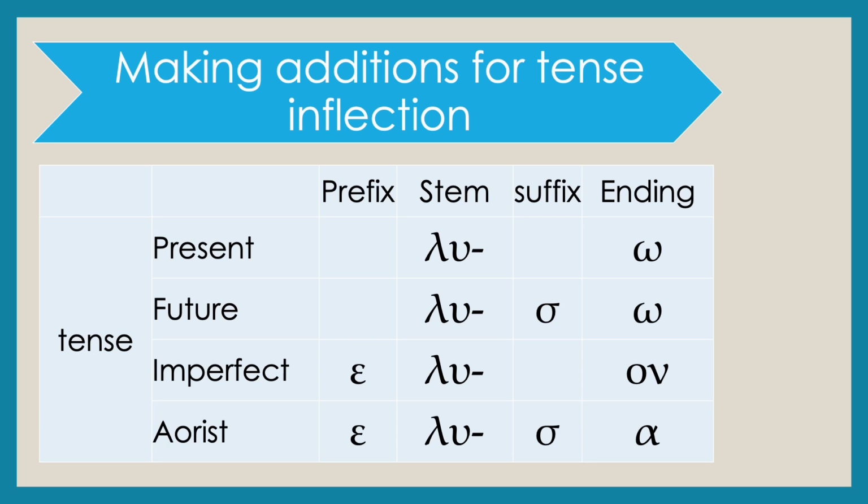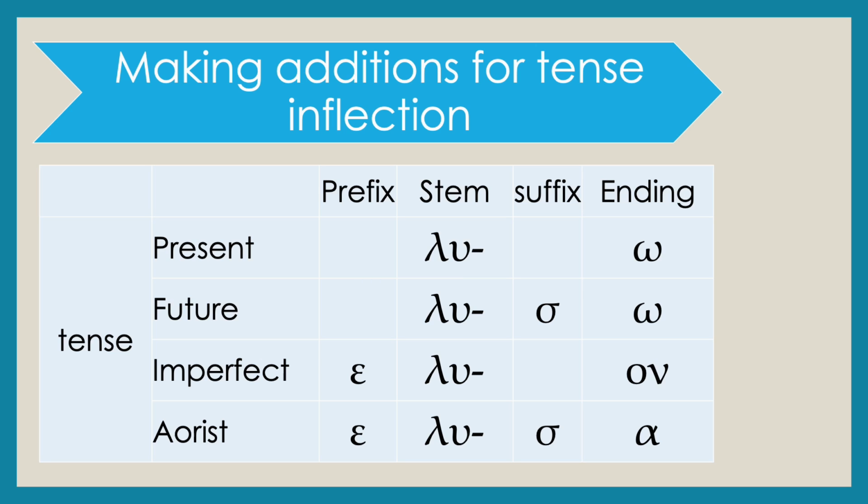So giving an inflection to a verb is about communicating the characteristics of it. If we want to give an inflection as to the tense, we're going to add either an epsilon or sigma augment or both, and the ending gives the inflection about person and number. So using luo as a very basic word meaning to loose, to untie, in the first person singular we would have luo.